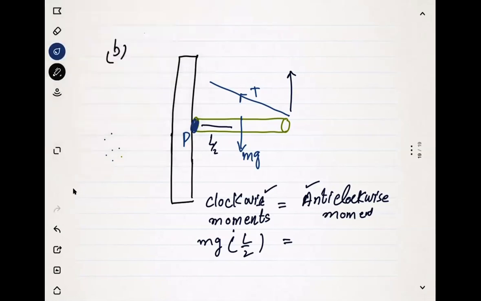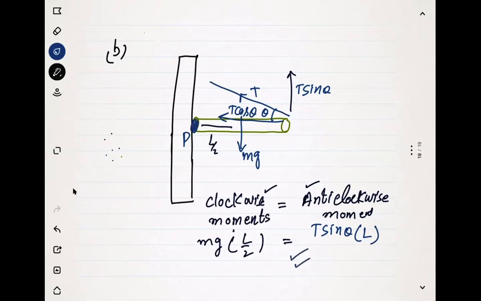First of all, we have resolved T. The components of T will become T sine theta and T cos theta. We are going to ignore T cos theta. We will only take T sine theta, which is perpendicular. So mg into L by 2 will be equal to T sine theta into L.